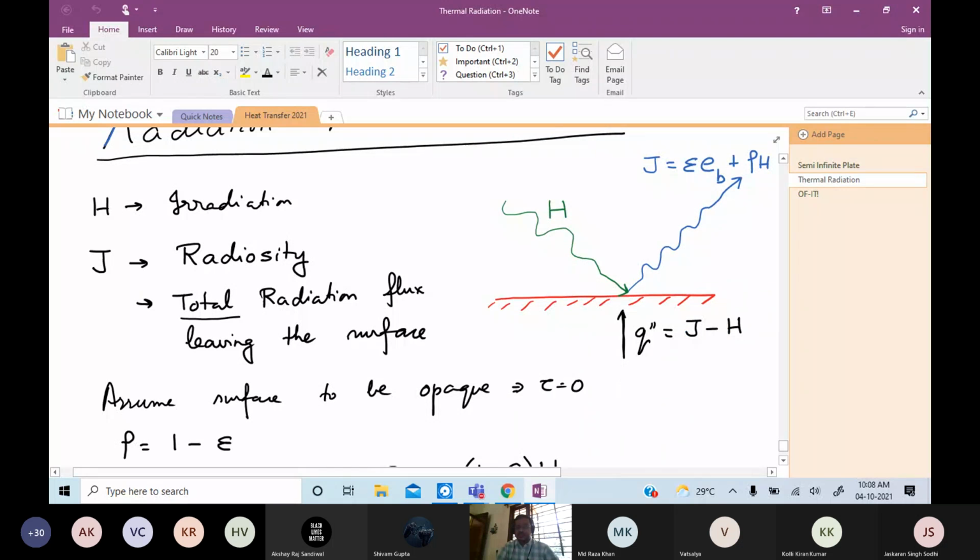Of course, irradiation we know: it is the total amount of radiation that is incident on the surface, which may be coming from other surfaces, including itself if it has a shape factor with respect to itself.